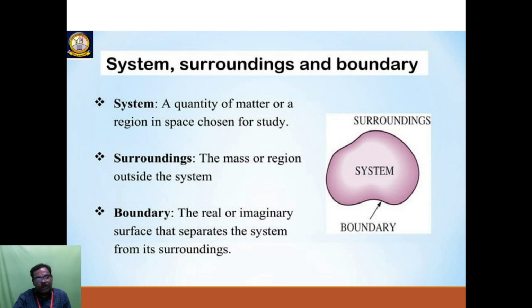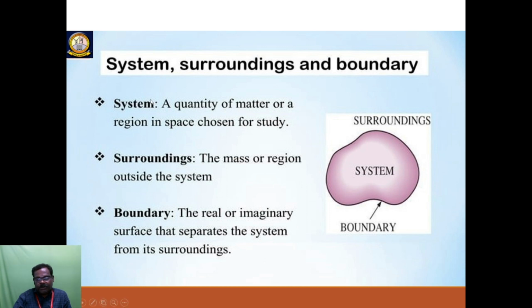Wherever you go, somebody says the system is very good, or the system is not good. You know that, but you should know what a system is. A system is a quantity of matter in a space where your attention is focused to find out the thermodynamic property.